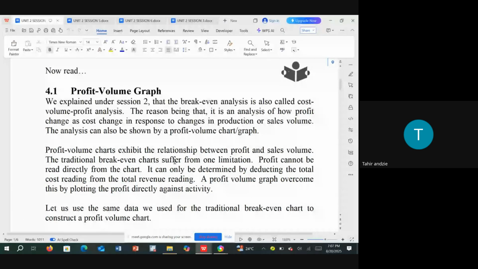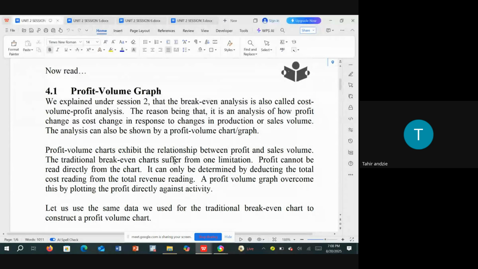We explained under session 2 that break-even analysis is also called cost volume profit analysis. The reason being that it is an analysis of how profit changes as costs change in response to changes in production or sales volume.